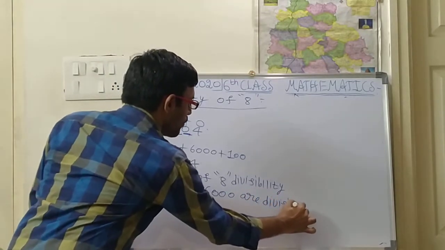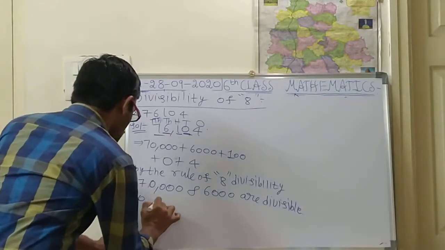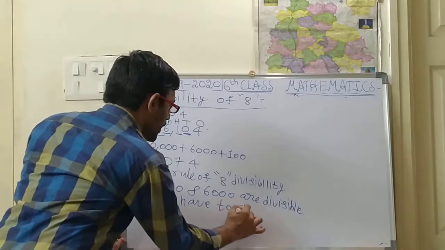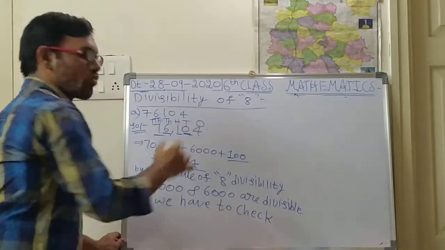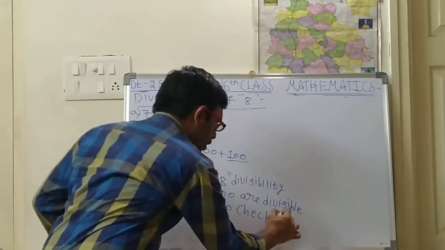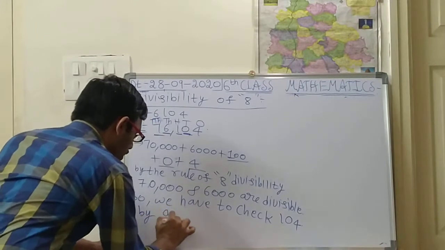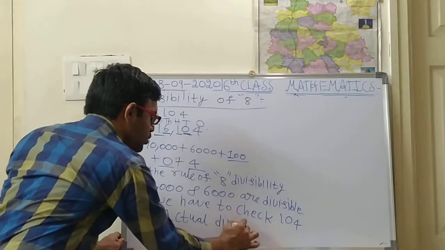So these two are divisible by 8. So we have to check 100 plus 0 plus 4. What is 100 plus 0 plus 4? We have to check 104 by actual division. So like this you are supposed to write.